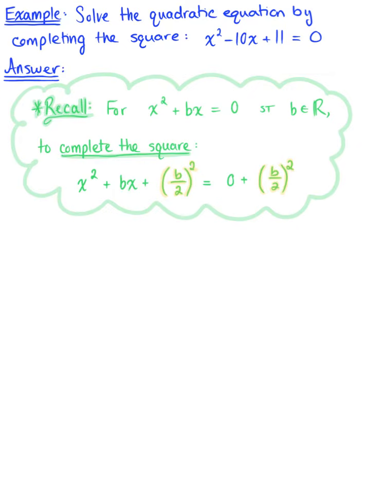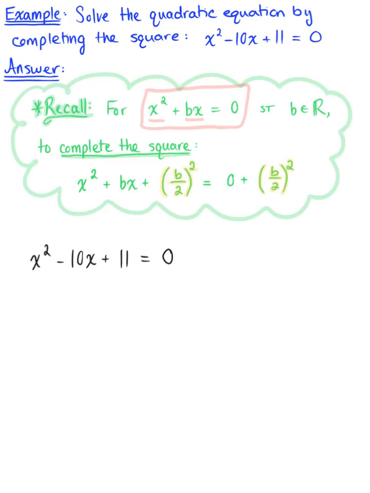So here we go. We are given the quadratic expression x squared minus 10x plus 11 equals 0. Now, again, referencing back to the definition here, notice how this quadratic expression only has x squared plus bx on the left-hand side.